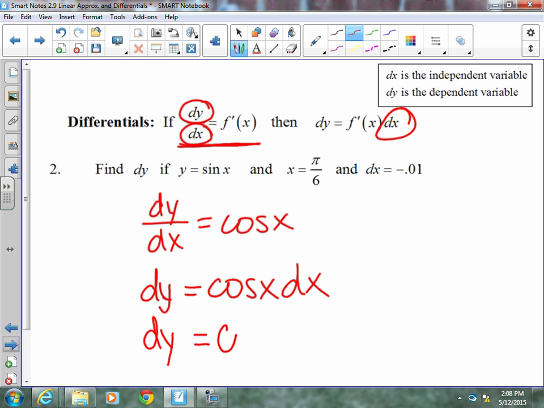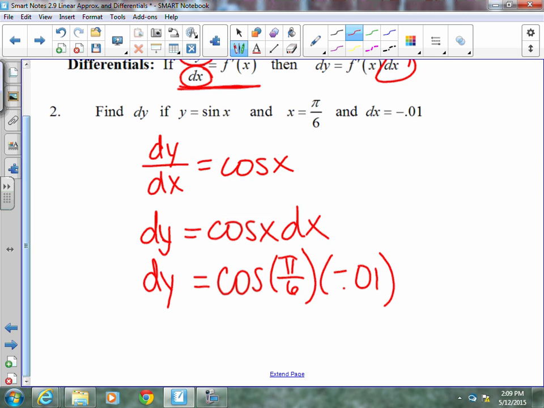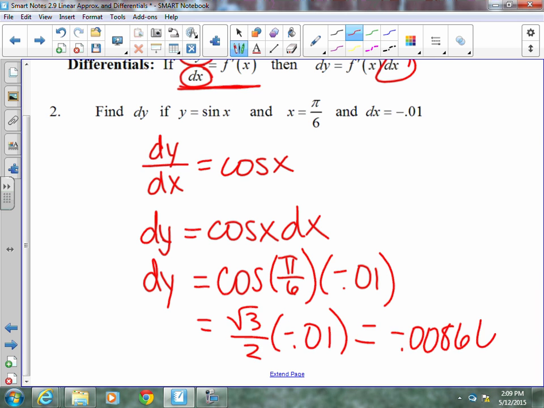So dy is going to be cosine of pi over 6 times negative 0.01. That's radical 3 over 2 times negative 0.01, or approximately negative 0.00866 as our value for dy.